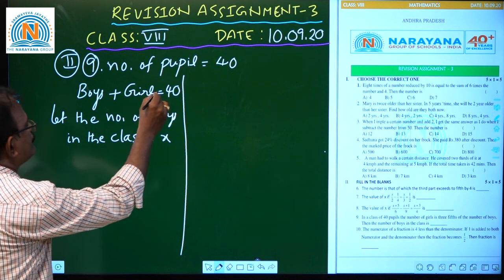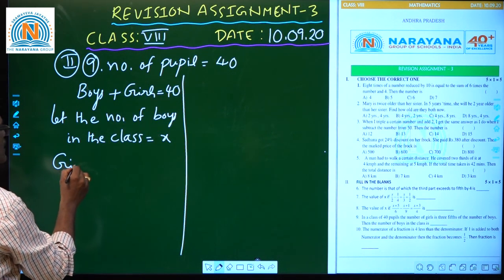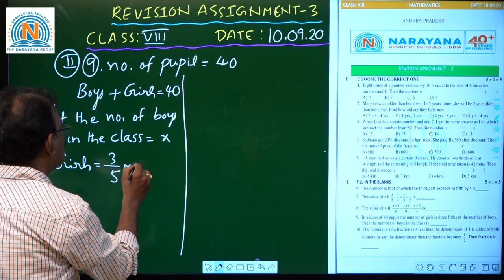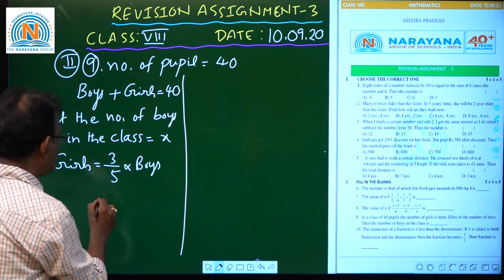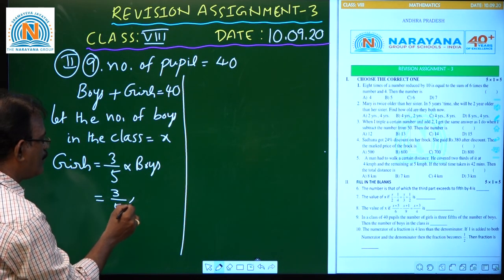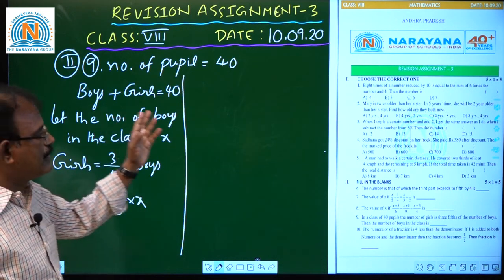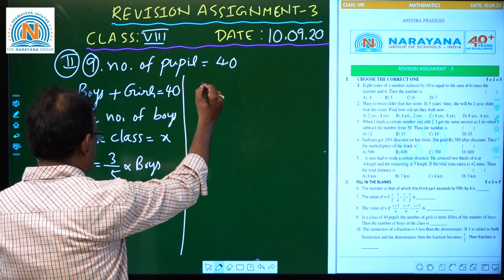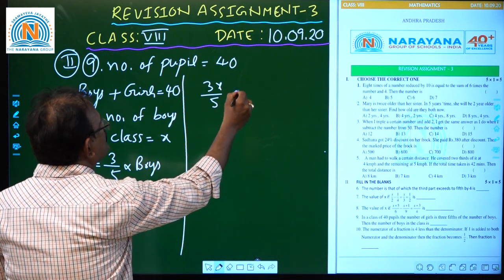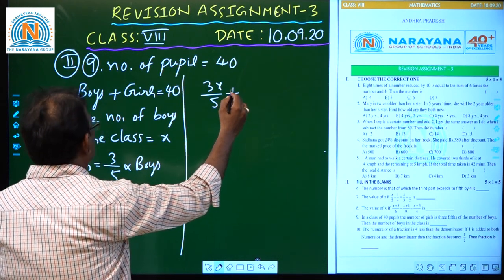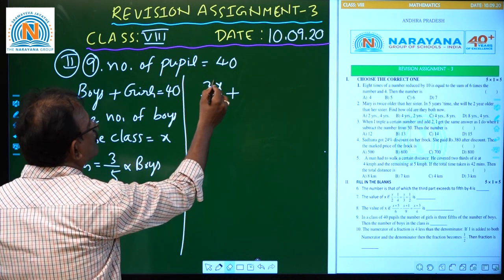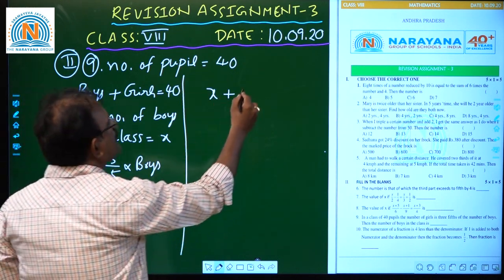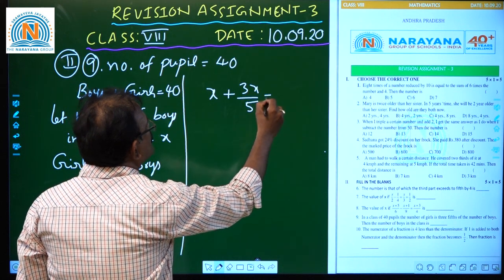Then girls is 3/5 of the boys. 3/5 of the boys means 3 by 5 into x. Boys plus girls is equal to 40. So boys is x, girls is 3x by 5, and x plus 3x by 5 is equal to 40.